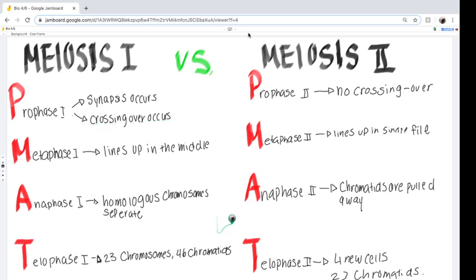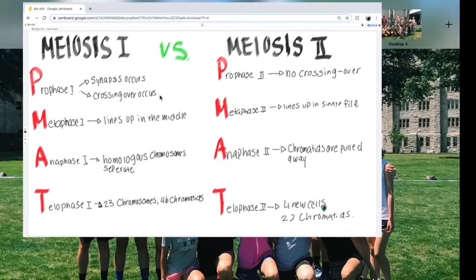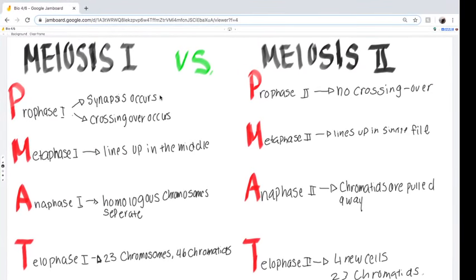But then in meiosis 2, the difference is that in prophase 2, there's no crossing over, there's no genetic exchange, and from that, everything else is the same, resulting in 4 new cells with 23 chromatids each. So that's the overview of the cell cycle.